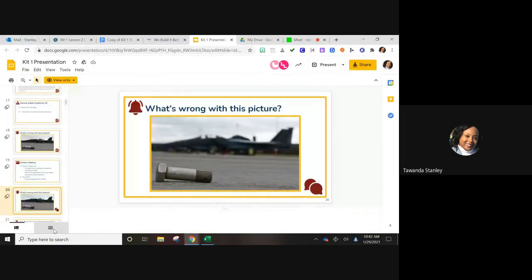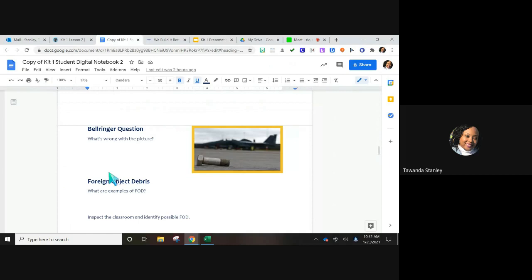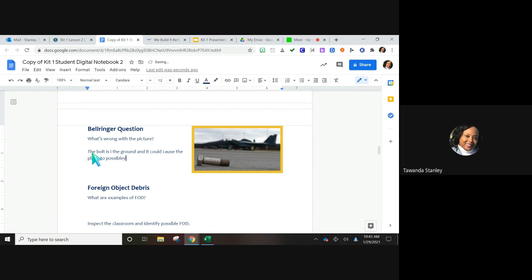I'm going to go back like I've been doing, which I know is taking up some time, but some of the things you could write that's wrong with it: the bolt is on the ground and it could cause the plane to possibly crash. It doesn't belong there. All right, we're moving on.